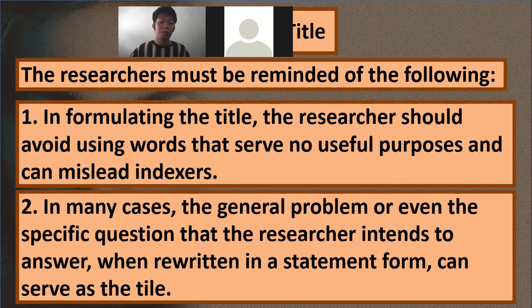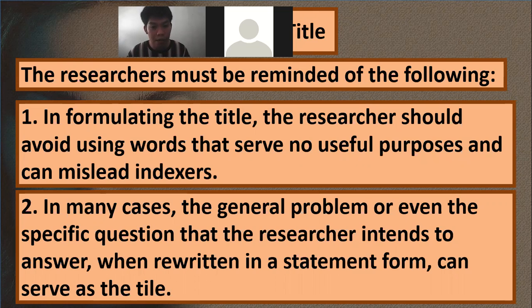So basically, your research title and your statement of the problem are connected. Meaning, there should be connection when it comes to formulating your SOP and your title, because in writing your title and statement of the problem, you just have to reconstruct. The research title should be in phrasal form, not in a sentence form.